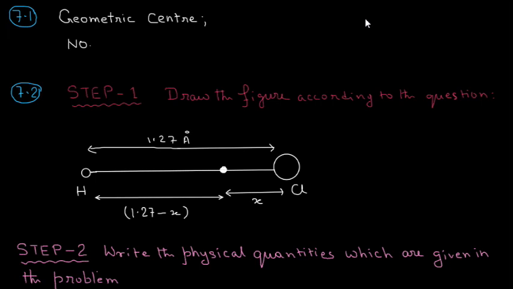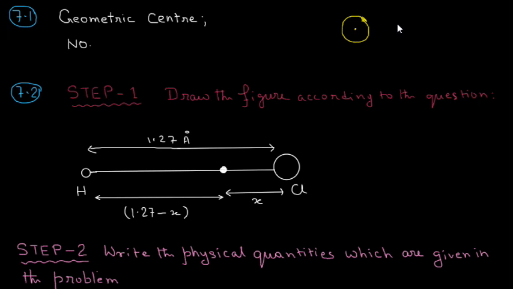So let us take a sphere, then mass of the body is concentrated at its center, geometric center. So its center of mass is at geometric center. So for a given geometric shape having a uniform mass density, center of mass lies at the geometric center.